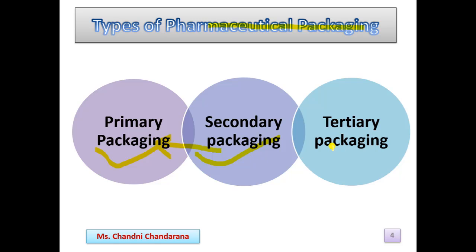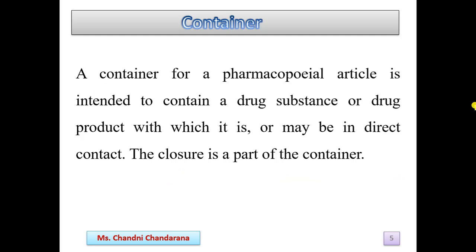Now what is tertiary packaging? It should be in contact with the secondary packaging. This is to provide bulk handling and shipping of pharmaceuticals from one place to another. For example, the containers or barrels are tertiary packaging.